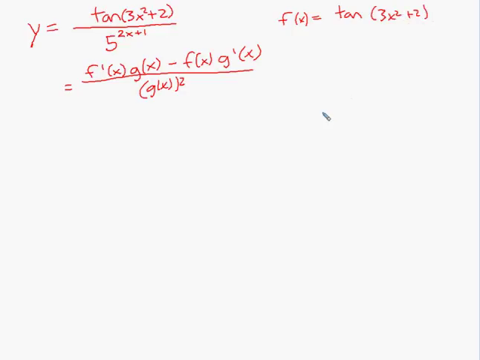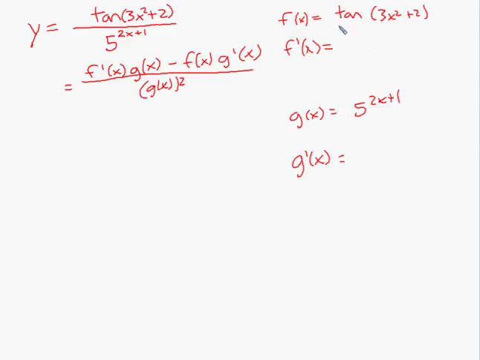And my denominator is g of x, which is this 5 to the 2x plus 1. Now I'm going to take the derivative of f of x. I'm going to take the derivative of g of x. If you organize your work, you'll be a lot more successful.